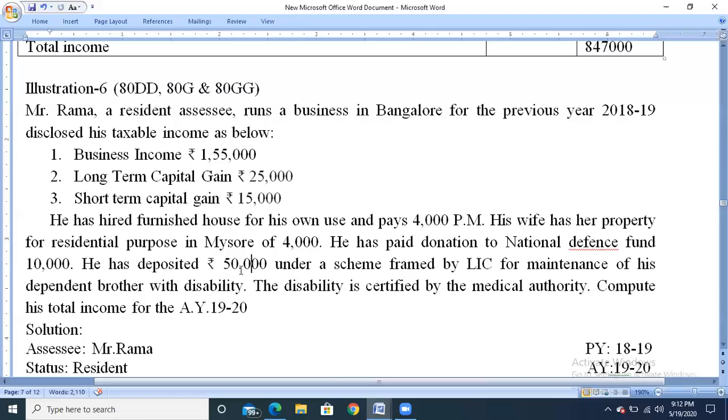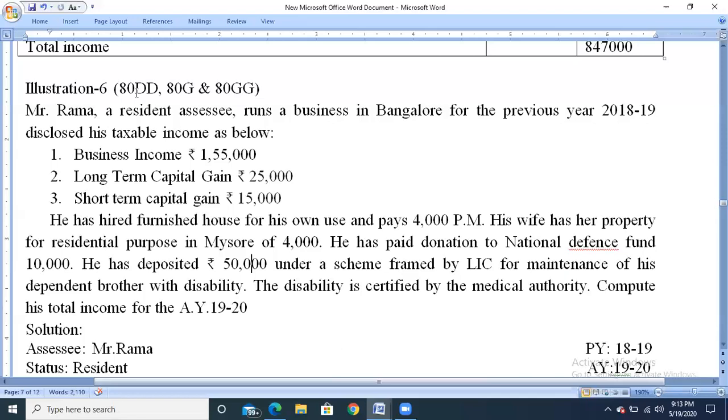Next, he has deposited rupees 50,000 under a scheme framed by LIC for maintenance of his dependent brother with disability. The disability is certified by the medical authority. So that amount can be claimed as a deduction under section 80DD.